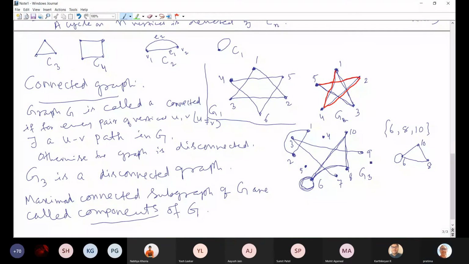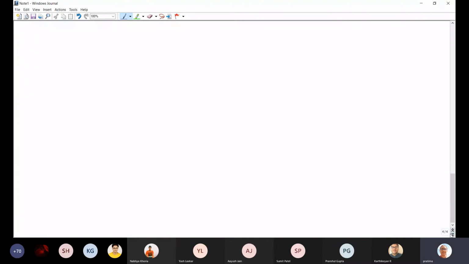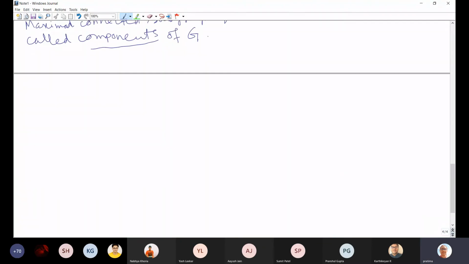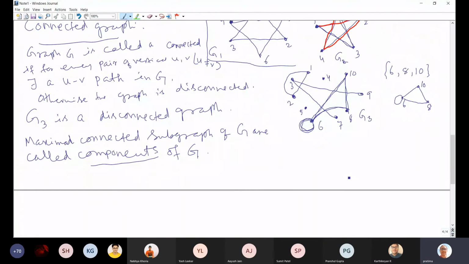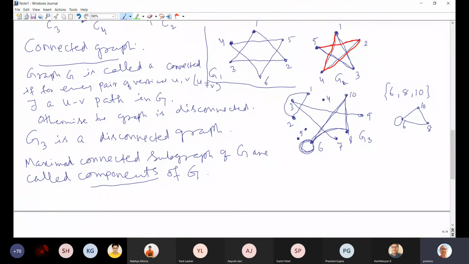So now tell me the number of components in this example G3. How many components are there in this graph G3? What is the number of components of G3?